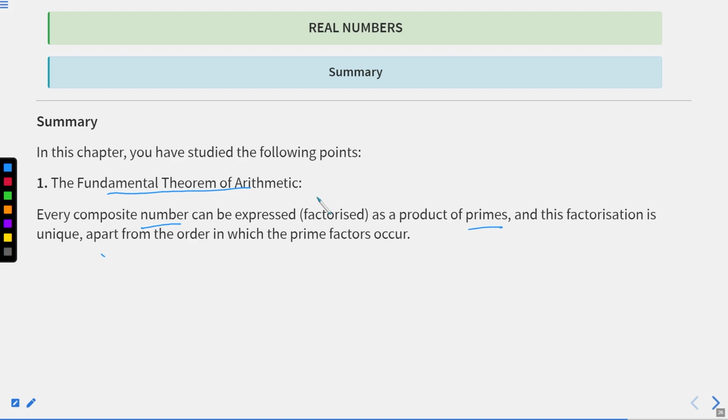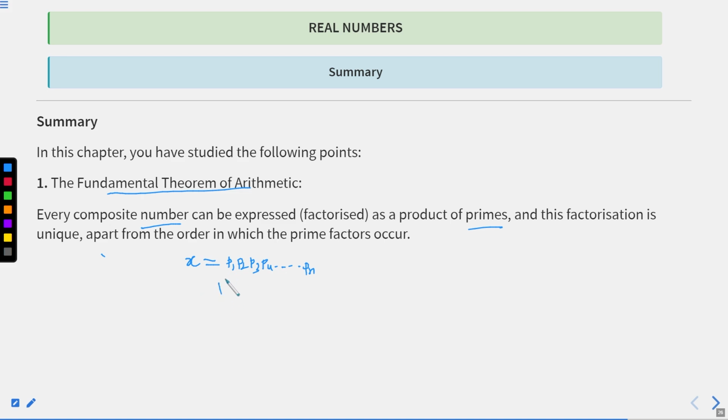So if x is a composite number, x can be factorized as a product of primes, p1 times p2 times p3 times p4 up to pn, where p1, p2, p3, up to pn are prime factors.